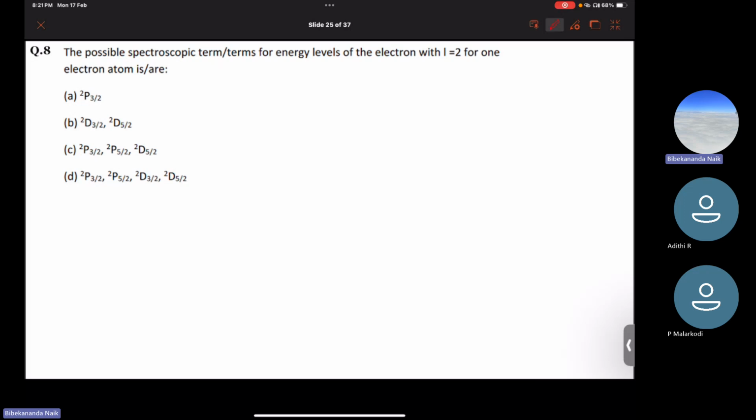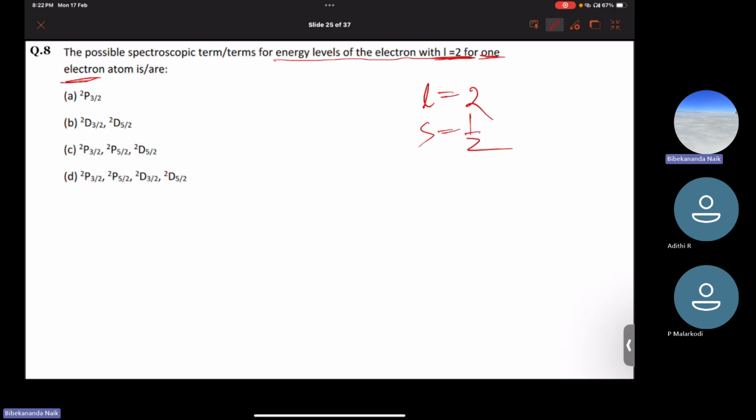Options are option A 2P3/2, option B 2D3/2, 2D5/2, option C 2P3/2, 2P5/2, 2D5/2, or option D 2P3/2, 2P5/2, 2D3/2, 2D5/2. So the given information is L equal to 2 and for one electron S equal to half.